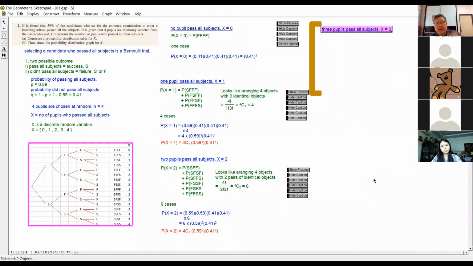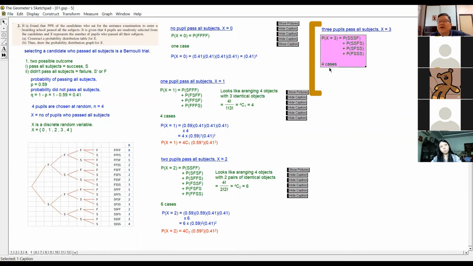Good. 4 choose 3 means out of the four trials, you want 3 of them to be successful. So out of 4, you choose 3. So 4 choose 3 means how many outcomes? 4 outcomes, 4 cases. What are the 4 cases? SSSF, SSFS, and so on.